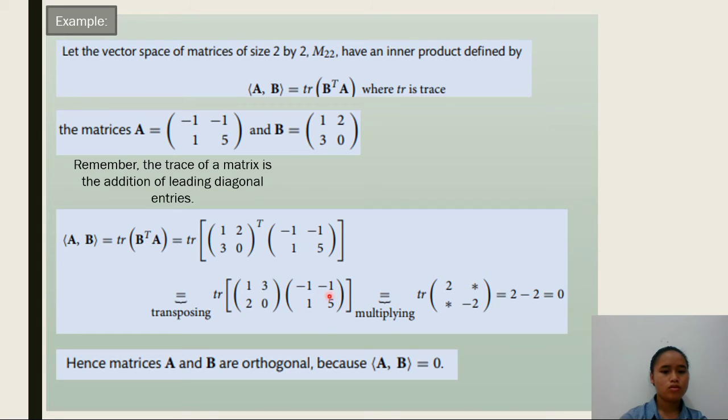So transposing and multiplying, we get 2 and minus 2, so 0. So matrices A and B are orthogonal because AB is equal to 0.